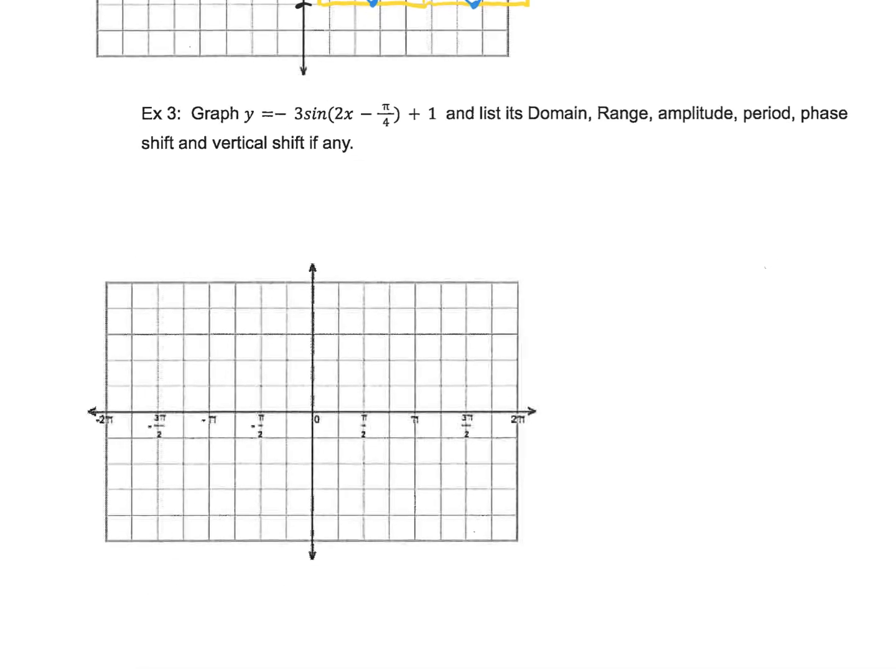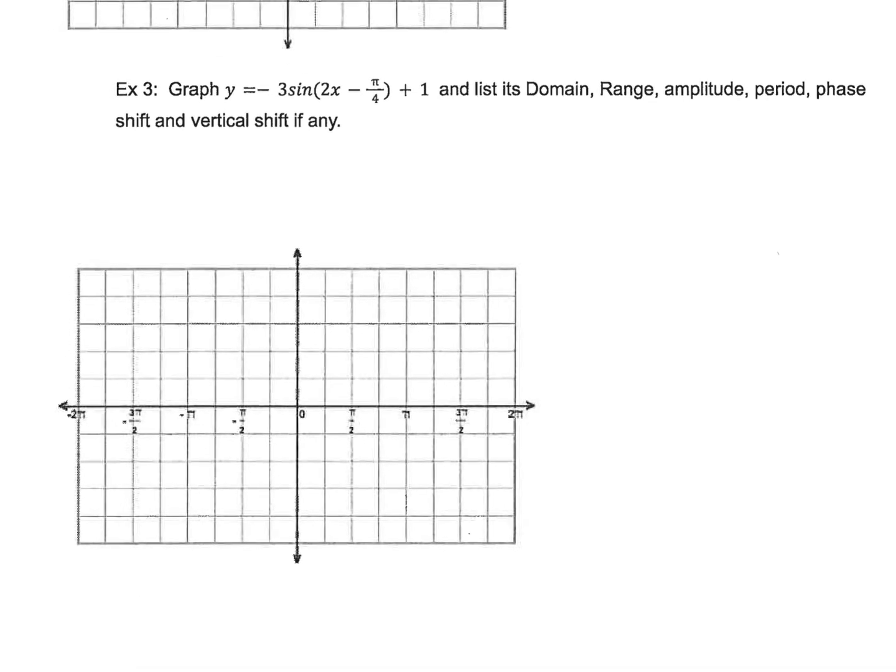This has all the different pieces in it, doesn't it? This one even has a vertical shift. Still no big deal. List your A, list your B, list your C, list your D. I'm going to make you do most of the heavy lifting on this one.